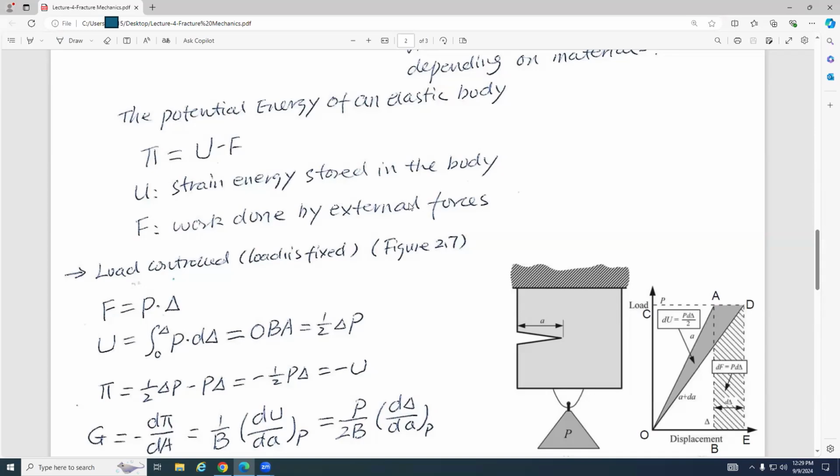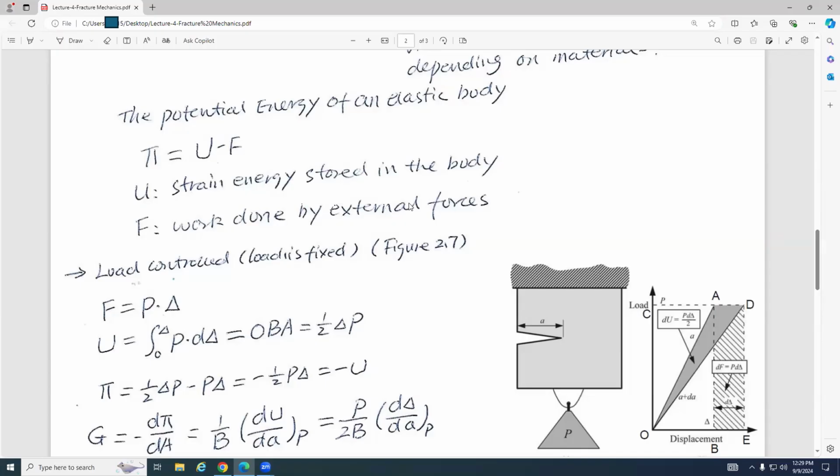Displacement control is the same idea: this is a specimen, I fix the displacement, but the load is changing.